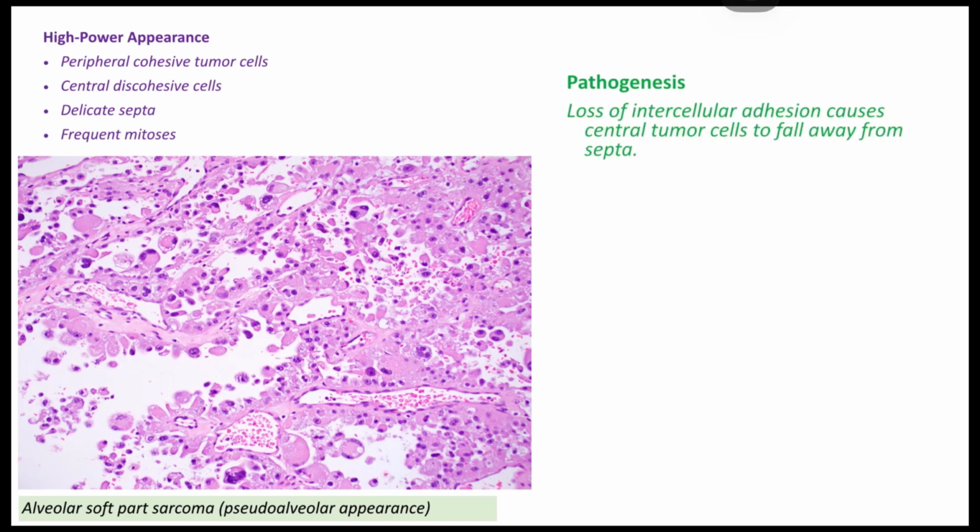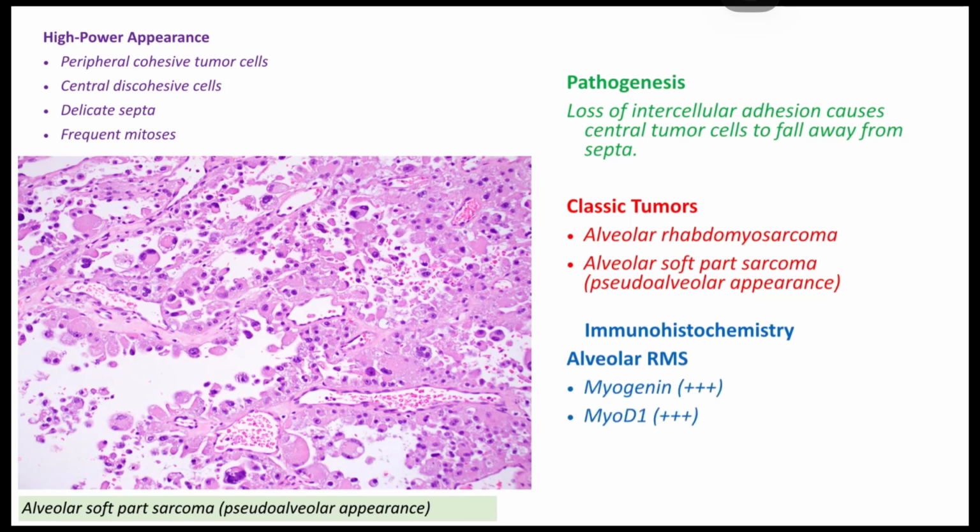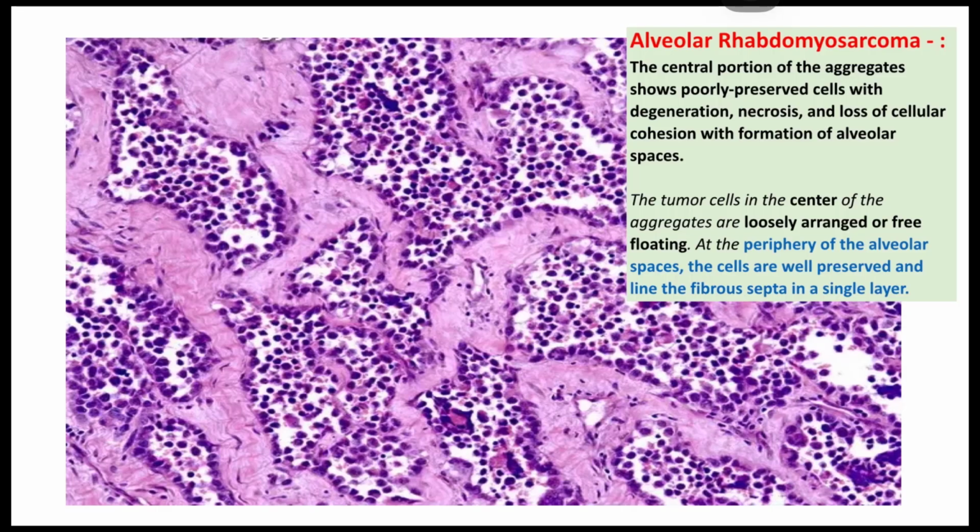So what is the pathogenesis? Loss of intercellular adhesion causes central tumor cells to fall away from the septa, and classically remember alveolar rhabdomyosarcoma and alveolar soft part sarcoma which have a pseudoalveolar appearance. If you go for IHC in alveolar RMS, then myogenin, MyoD1 is positive and Desmin is also positive.